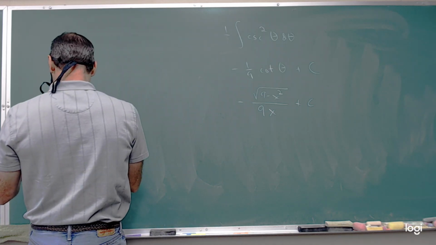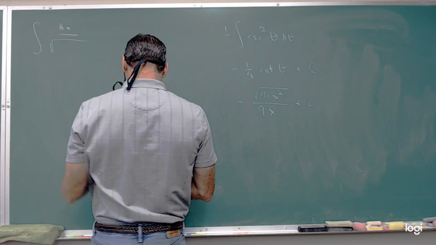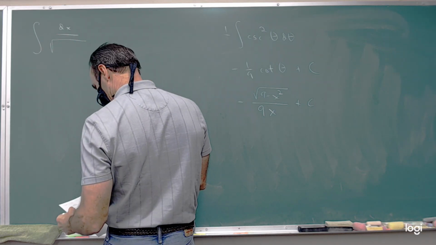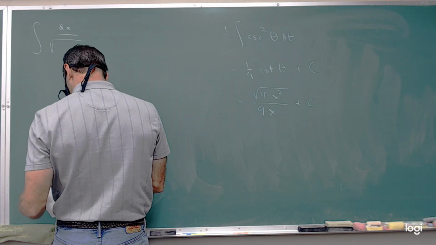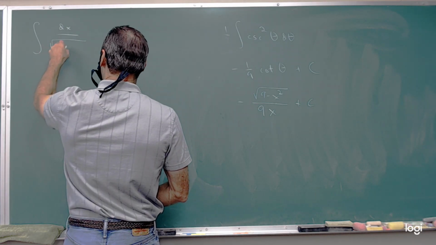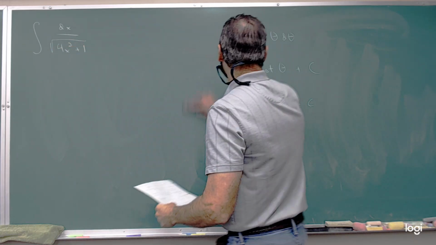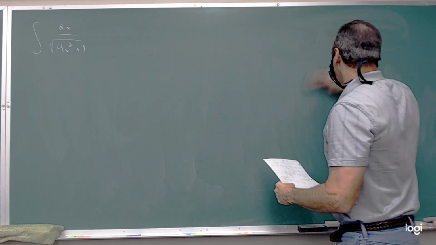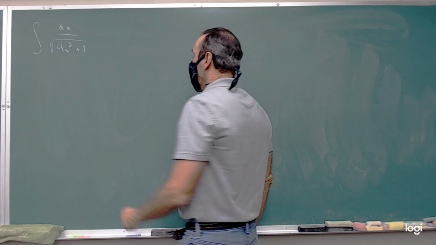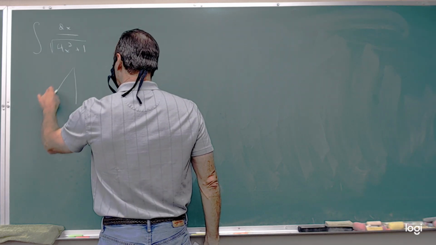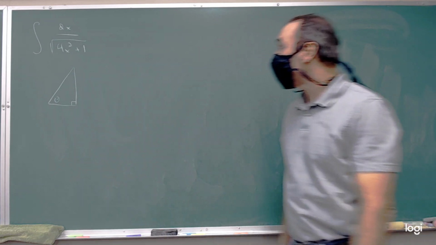So we have the integral of dx over the square root of 4x squared plus 1. Alec, how do we start?